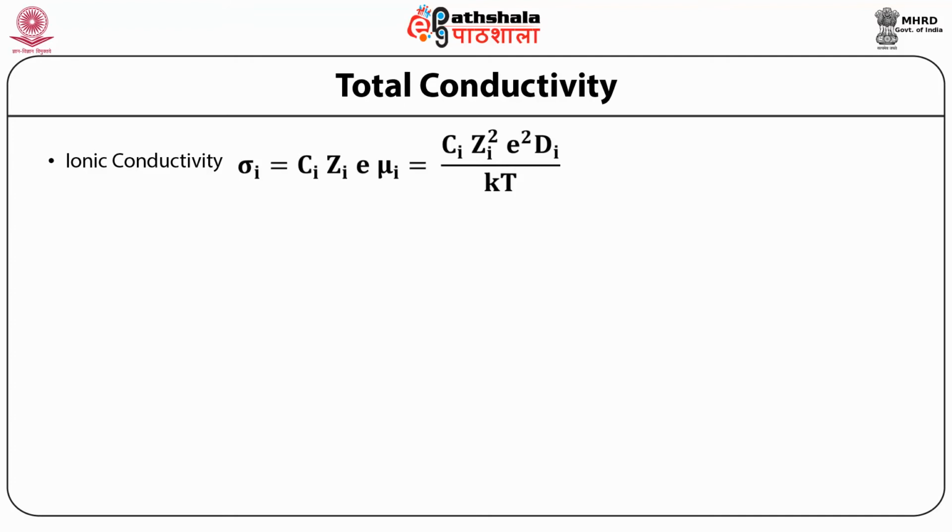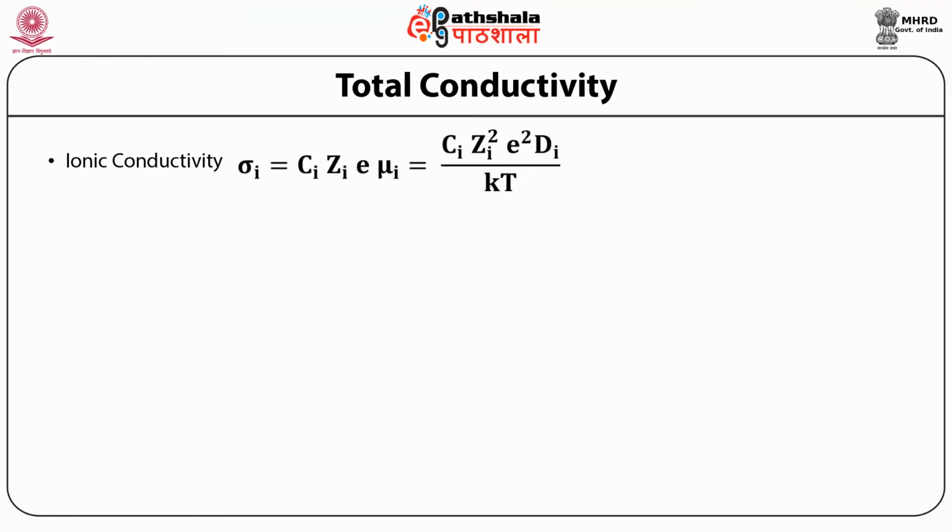The electrical conductivity sigma i is given as Q by t divided by A. So the expression comes out to be Ci Zi e vi upon capital E. So sigma i is equal to Ci Zi e into mu i, where Ji is the flux of the ith species.